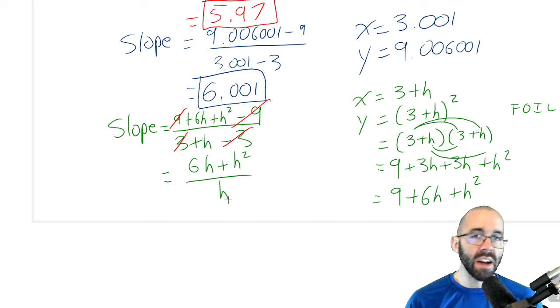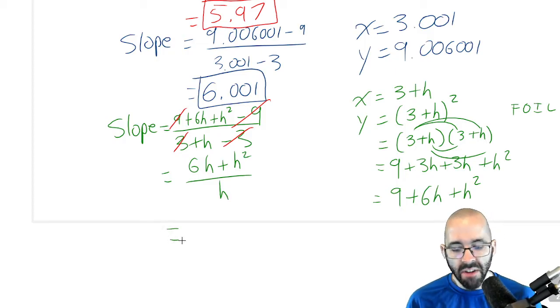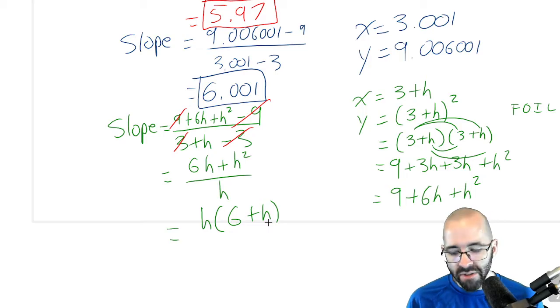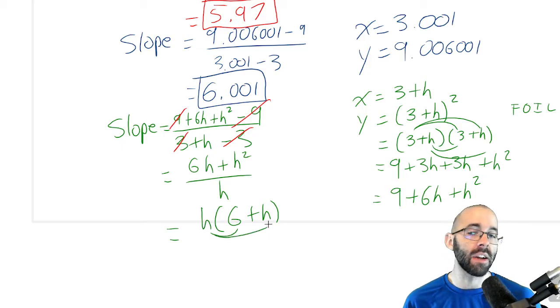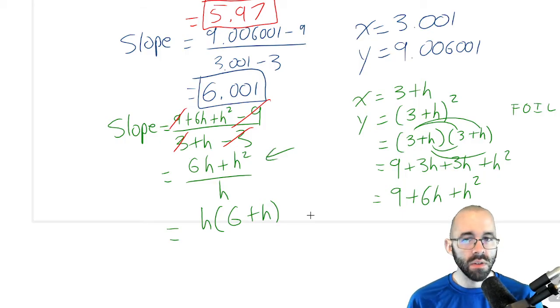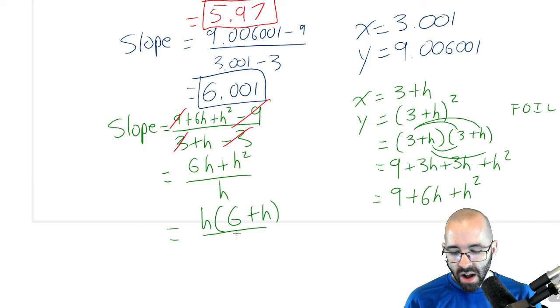Now, whenever we simplify fractions, we can only simplify if they have the same factor. So let's do some factoring. We can factor an h out of the top. We're left with 6 plus h. If you're ever unsure about factoring, you can check your answer by distributing. If you distribute, you should get back to here. The denominator is just h.